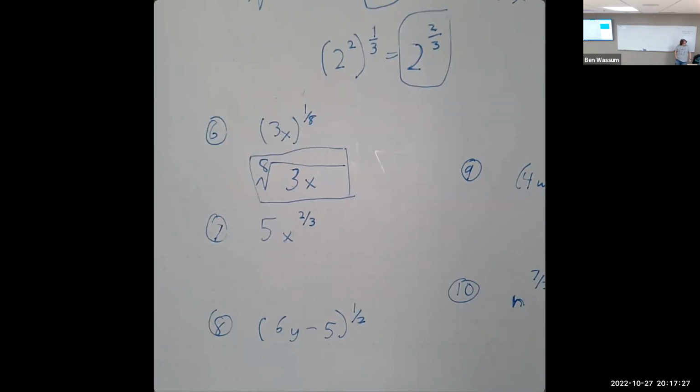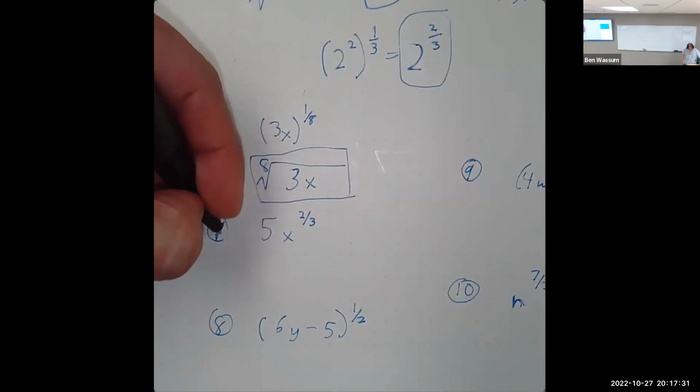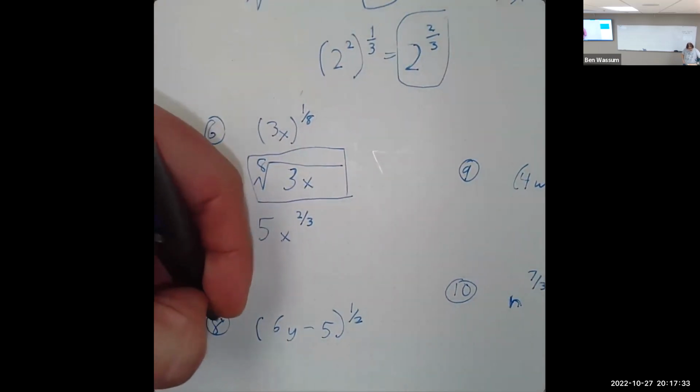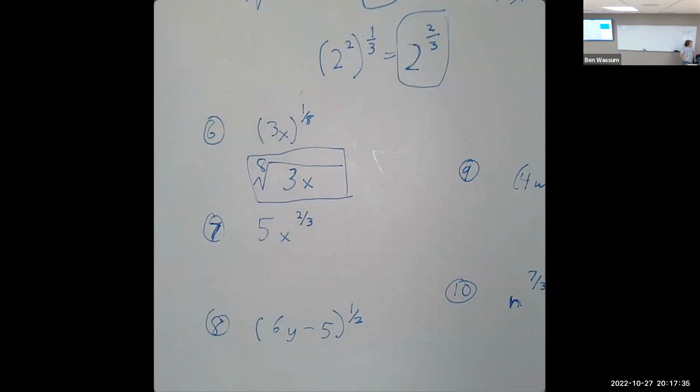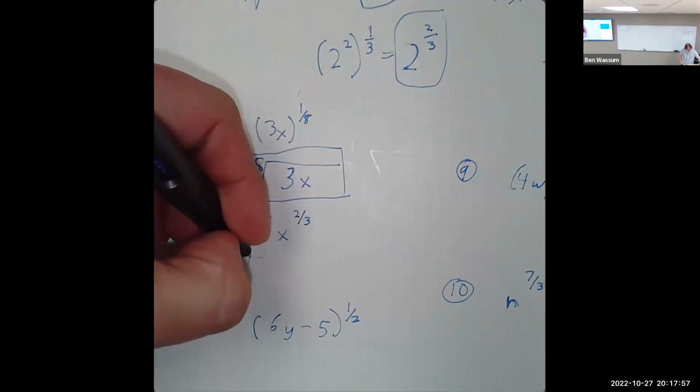Now you might look at number 7 and say, okay, well, this one's going to be about just as easy, right? Wrong. There is a trick here. The trick here is, where's the power? It's on the x. Is it on the 5? Nope. So only that x is getting that happening to it.